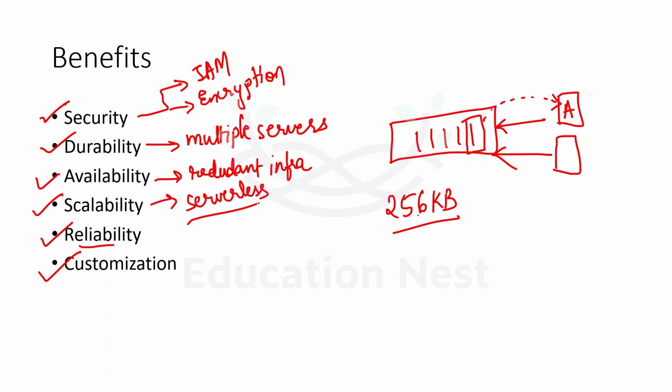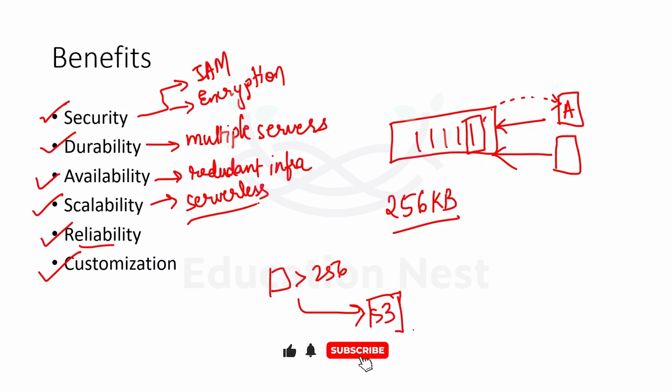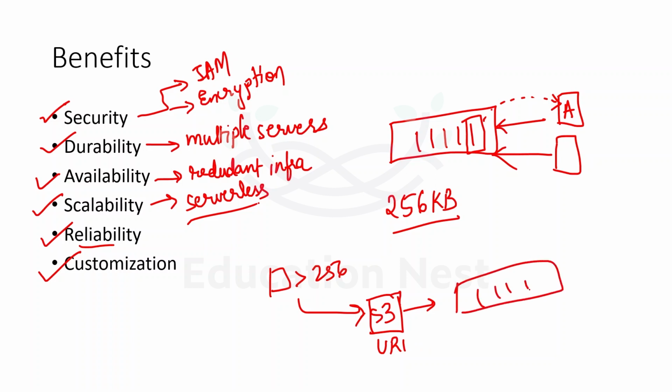So if you want something to be processed which is higher than 256 KB, then what to do? Then you have to put that message into S3. Okay, any message which is greater than 256 KB, I will be putting into S3. And from this S3, what I will be doing? I will be passing the URI or URL or endpoint of the S3 object into the SQS.